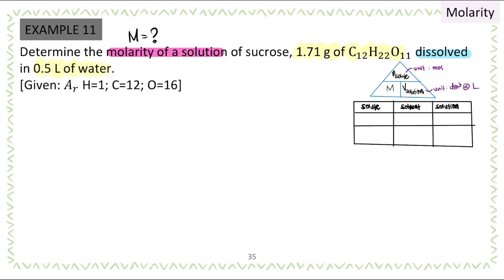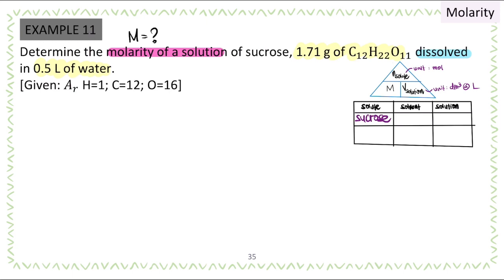The first thing that we need to do is to determine which information indicates solute, solvent or solution from the question. So from the question, the solute is sucrose, and we can see that sucrose is dissolved in 0.5 liter of water.